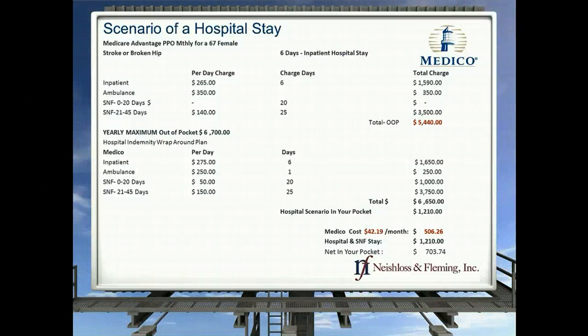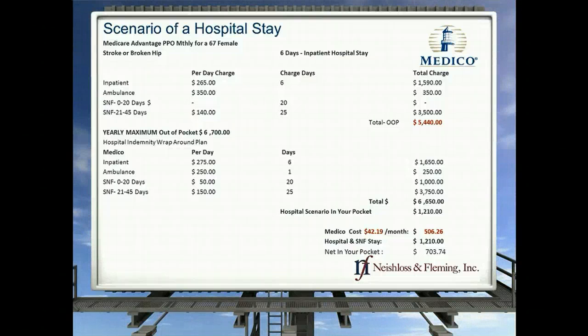So let's take a look at what happens if this consumer had that hospital indemnity plan, that wrap style build of their plan, as an example of why someone would enroll in that type of product. If they had that plan with $275 per day for 6 days, that would pay out just over $1,600.